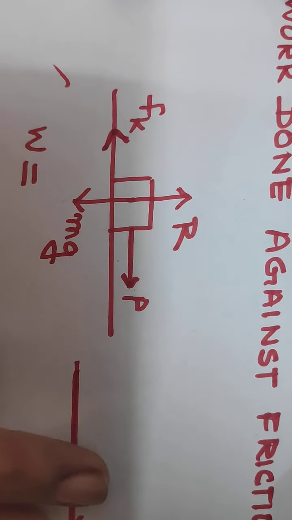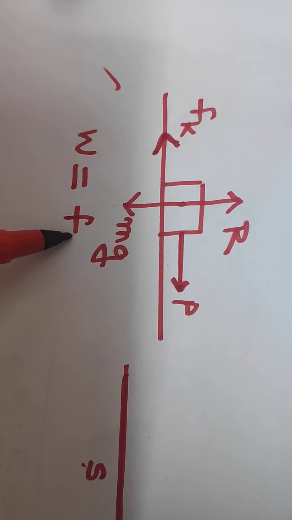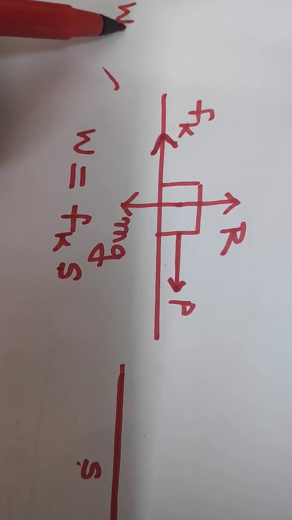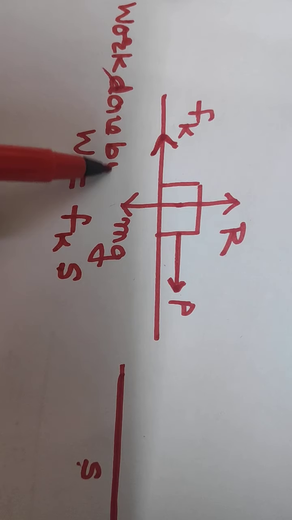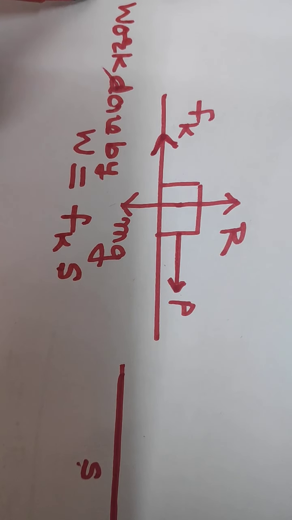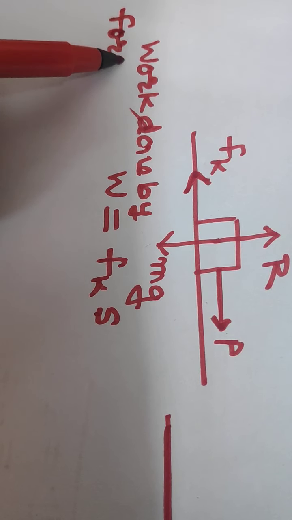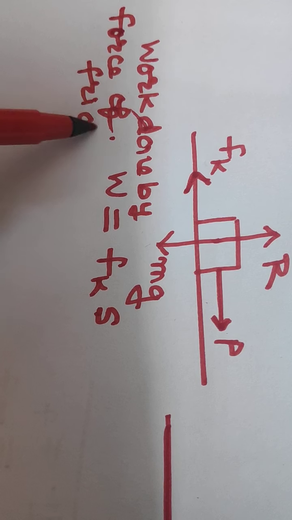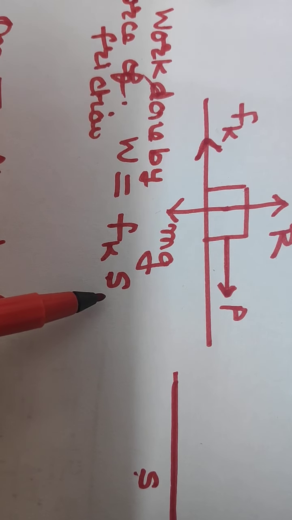So work done, if it displaces through distance s, work done by force of friction, W equal to Fk s.